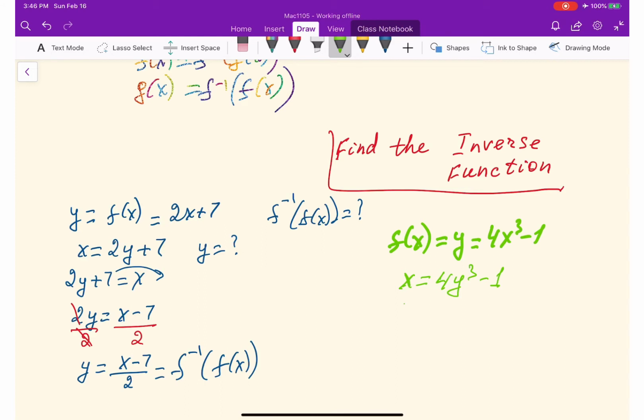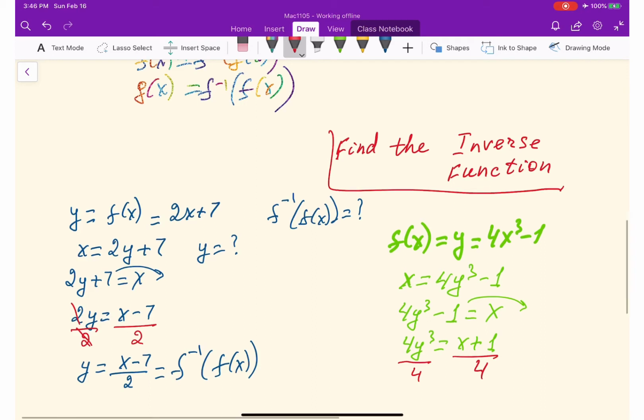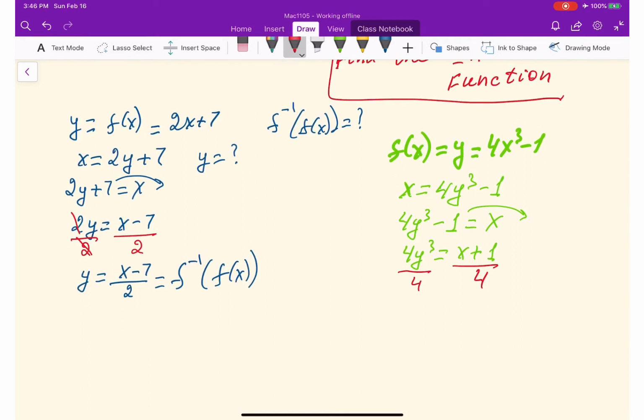I'm rewriting 4y cubed minus 1 is equal to x. From here, 4y cubed is equal to x plus 1, right? Dividing both sides by 4, this 4 is gone, so y cubed is equal to x plus 1 over 4. And we have to take the cubic radical because we have degree three here.